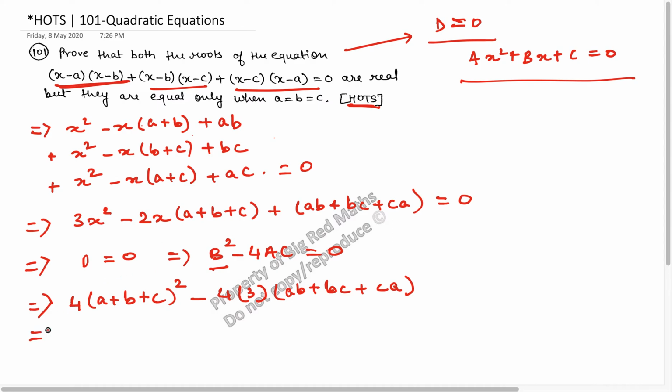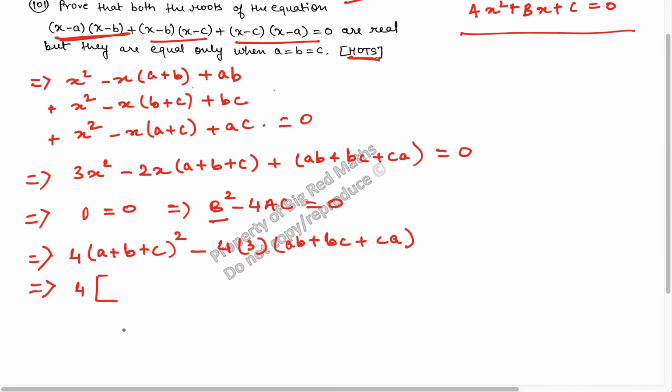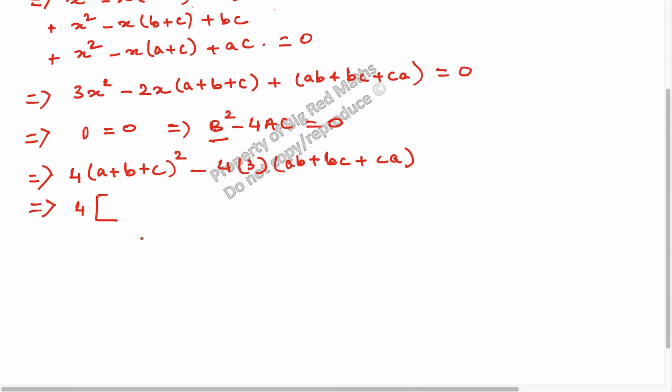Now if I take the 4 out common, what I get is (a plus b plus c) the whole square minus 3 times (ab plus bc plus ca).